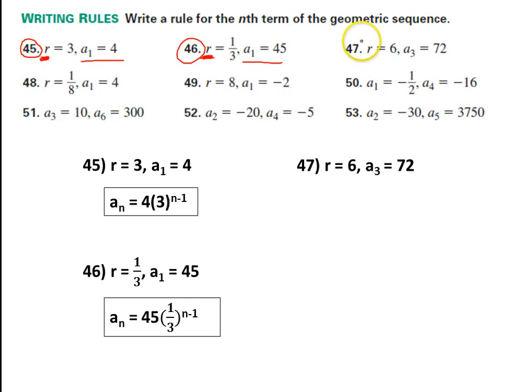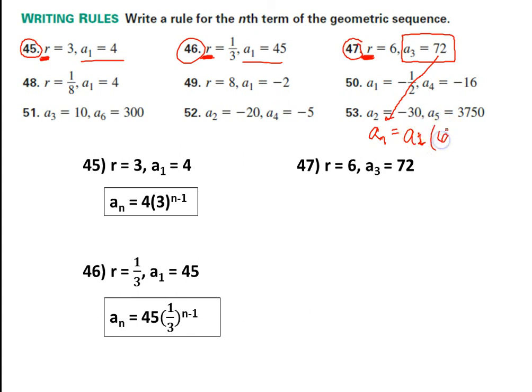47, a little bit harder than what we did just a second ago. They give us R, so we know it's geometric, but they don't give us a sub 1, so we have to find it first. So this is one of the ones where we go one extra step. What does this tell us? This tells us a sub n is 72, and then we need to find a sub 1.